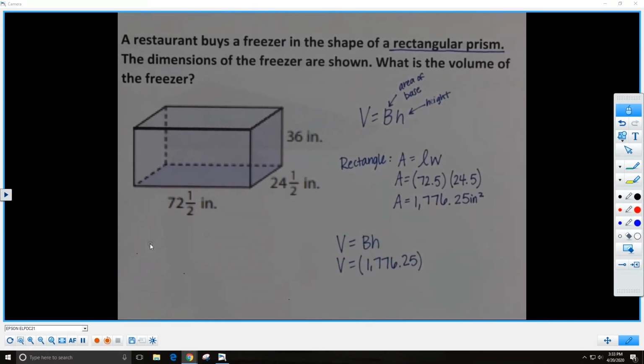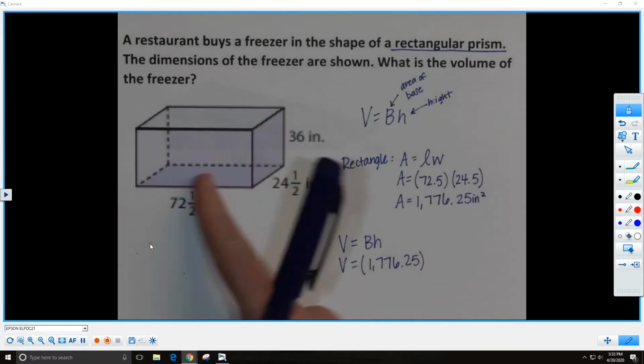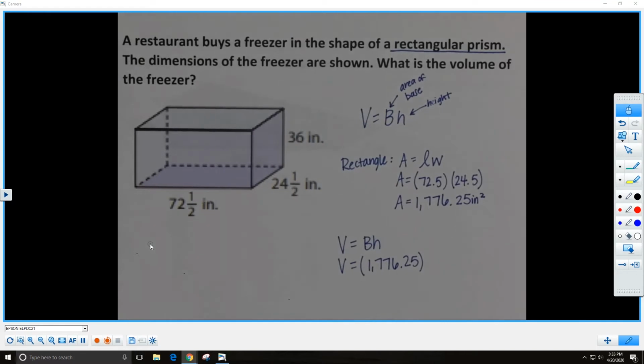Okay, but now we need to know what is the height of the prism. So taking a look at your rectangular prism, which of those numbers is your height? It is 36 inches. So go ahead and finish solving this problem for the volume. Remember that volume units are cubic units. Again, remember you can use your calculator if you need it. Go ahead and do that on your paper, and then we'll check our answers together.